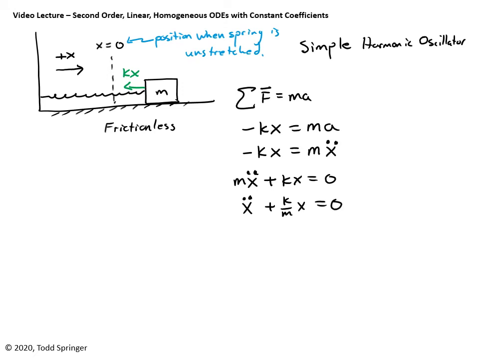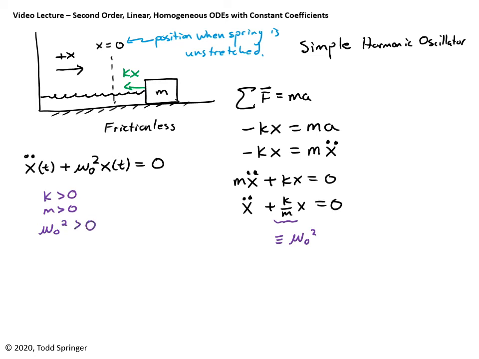And then we normally define this combination to be omega 0 squared. So I end up with this differential equation, x double dot of t plus omega 0 squared x of t is equal to 0. Okay, k is bigger than 0, m is bigger than 0, so of course omega 0 squared is bigger than 0. Omega 0 itself is bigger than 0.